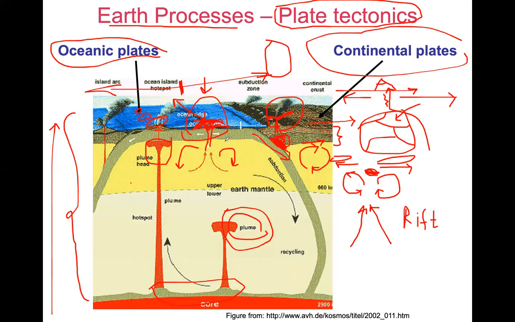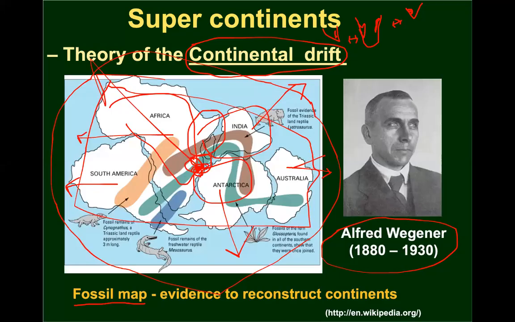Mantle convection just makes these plates move, and they combine with each other into a bigger continental configuration like this, and then it is broken again by a mantle plume like this. So this is happening in a cyclic manner in the Earth's interior.